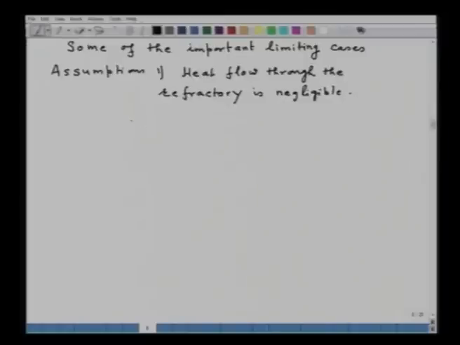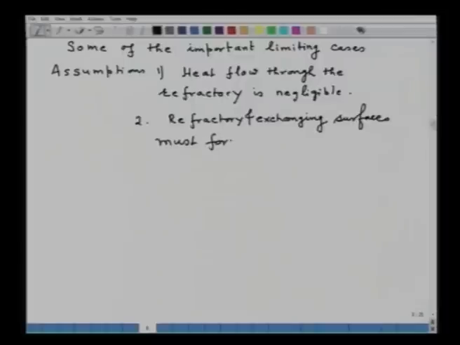And second, the refractory and exchanging surfaces must form a complete heat exchanger.